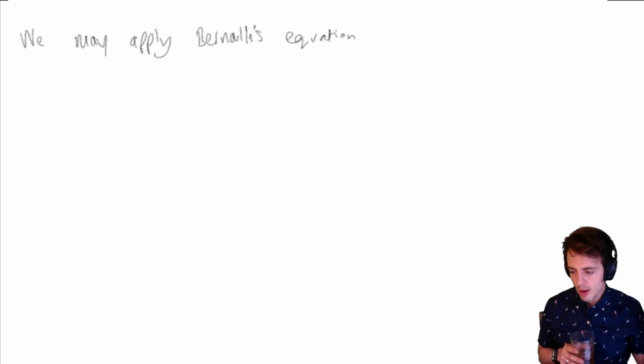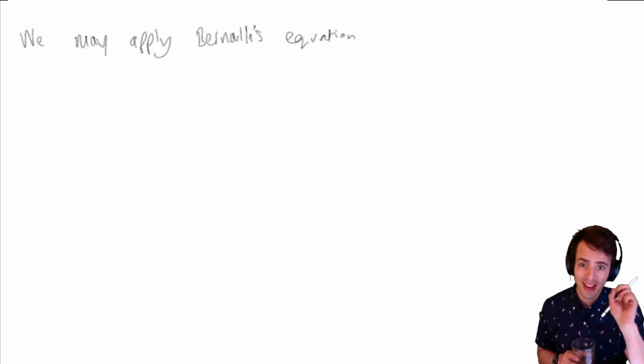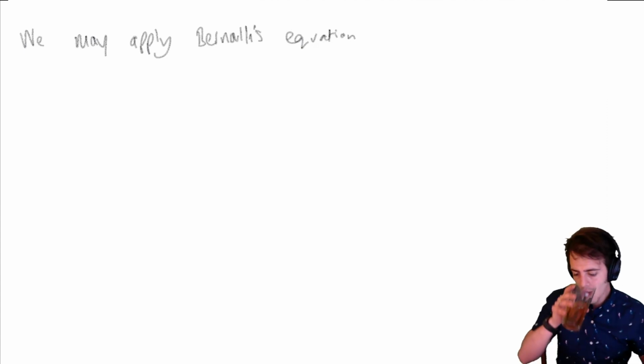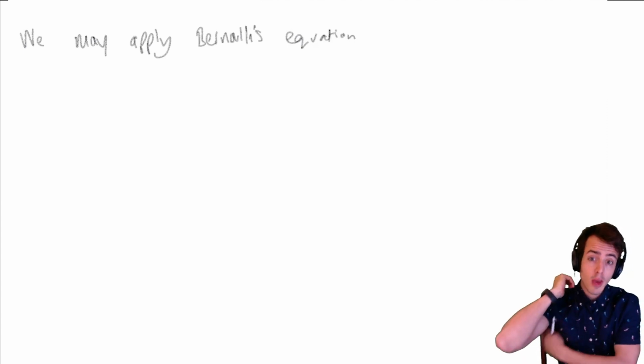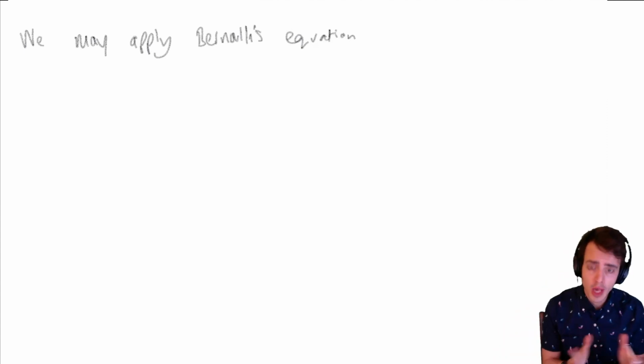But we can apply Bernoulli's equation everywhere in our stream tube except across the disc. Because we've got that pressure discontinuity, we're doing work on the flow there. We can't apply it.